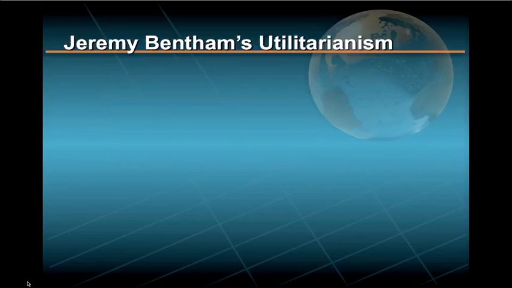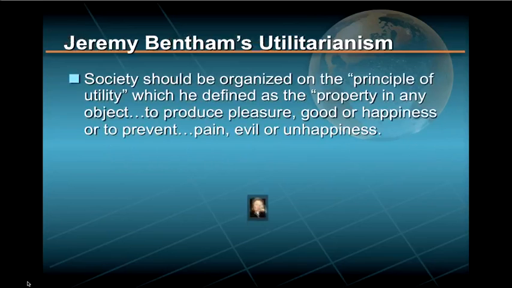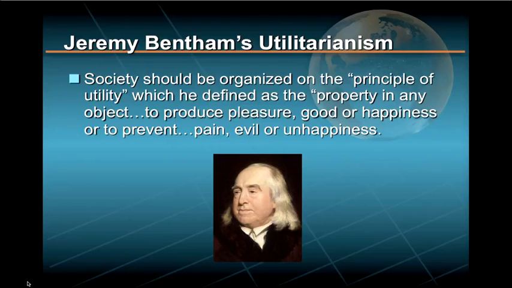It's a good question, and the English philosopher Jeremy Bentham and his followers thought they had an answer back in the 1800s. Bentham proposed that society should be organized on the principle of utility, which he defined as the property in any object to produce pleasure, good, or happiness, or to prevent pain, evil, or unhappiness.